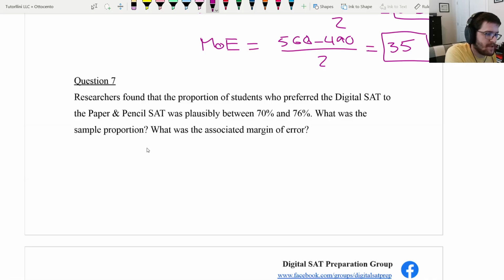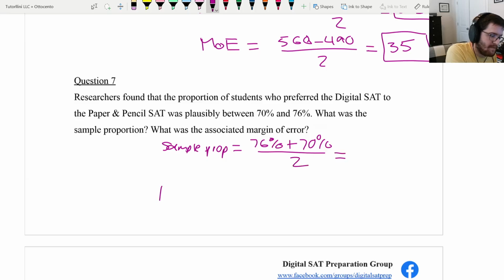Okay, so same deal. The sample proportion, we can just leave it in terms of percent. So let's do upper plus lower divided by 2. And then for the margin of error, we subtract them and divide by 2.